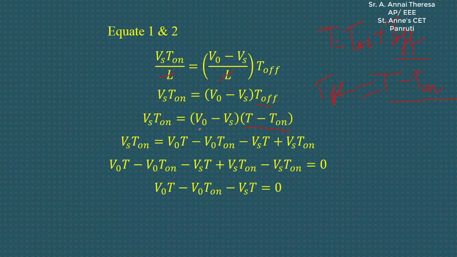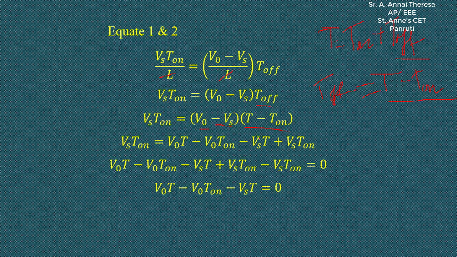So V0 into T, then minus V0 into T on. Now we multiply this minus Vs with the whole term: minus Vs into T, and minus into minus gives plus Vs T on.